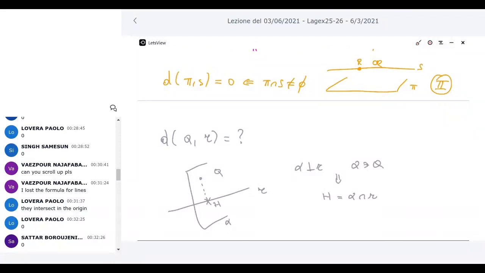So let me know when you have some news about this case here.